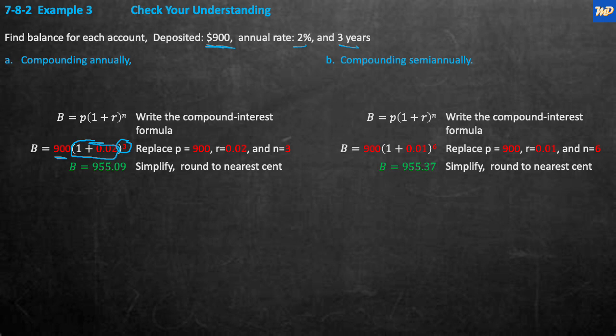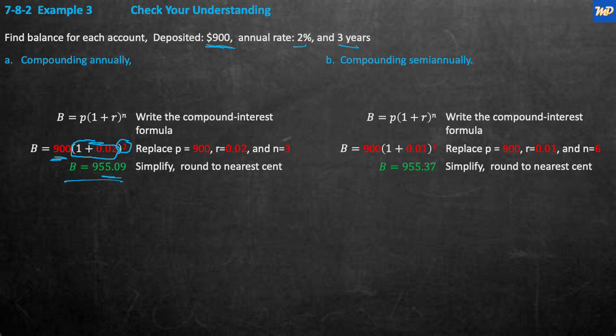And then after you do that, you can multiply by the 900. And when you do that, B is going to be $955.09. So it earned $55.09 in those 3 years. Let's look at B. B says compound semi-annually. And what is semi-annual? That's twice a year. Okay?